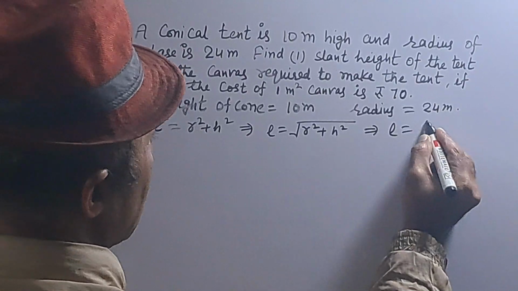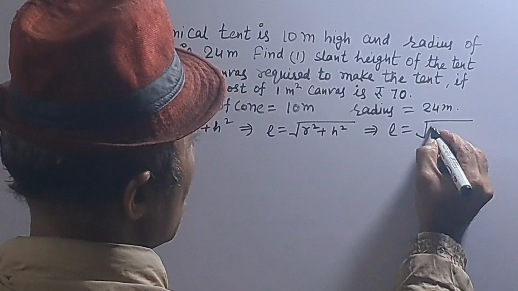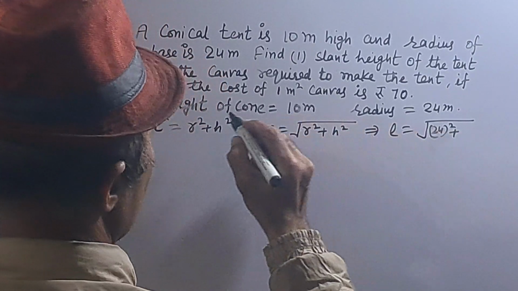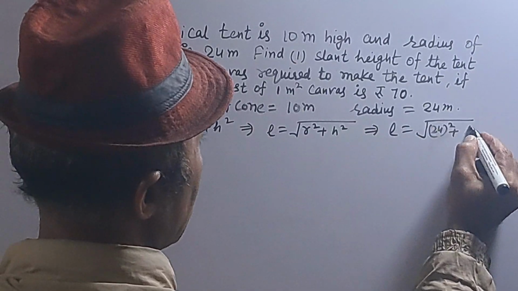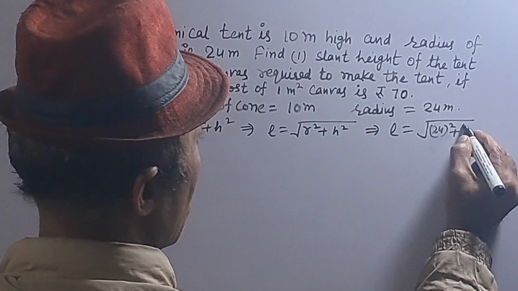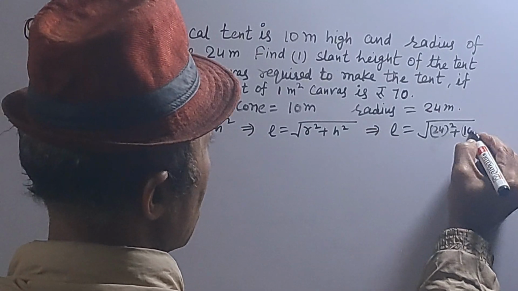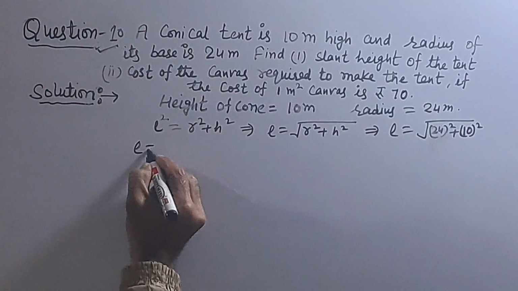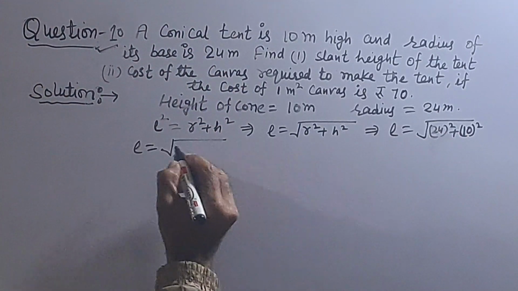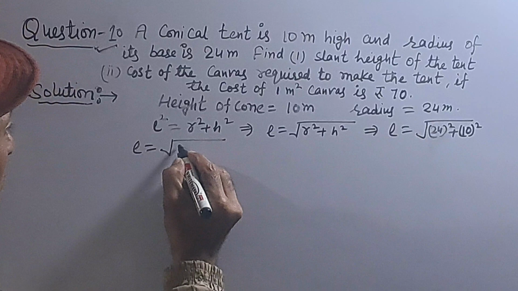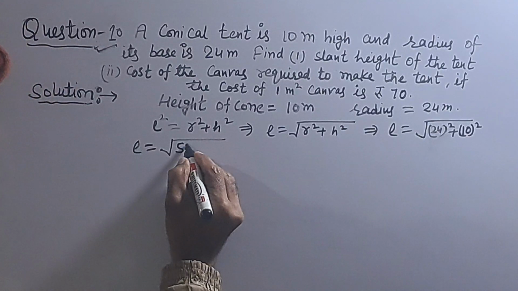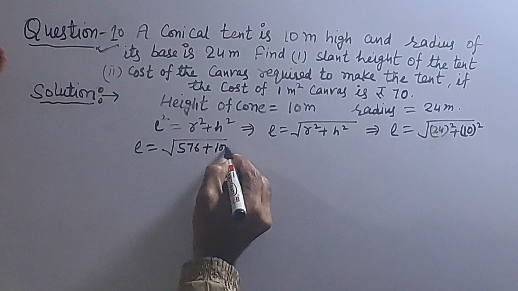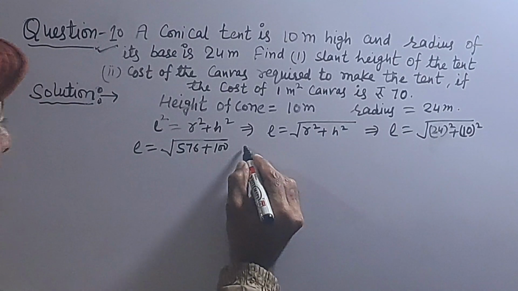Slant height L is equal to under root of 24 raised to power 2 plus 10 raised to power 2, that is 24 into 24 equal to 576 plus 10 into 10 equal to 100.